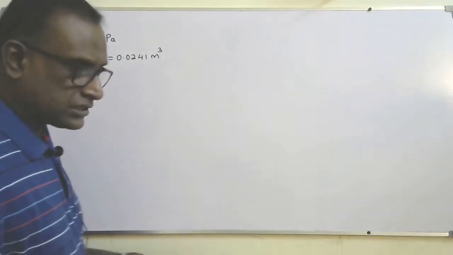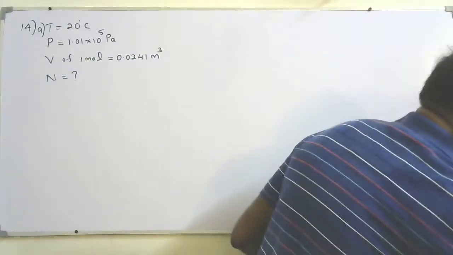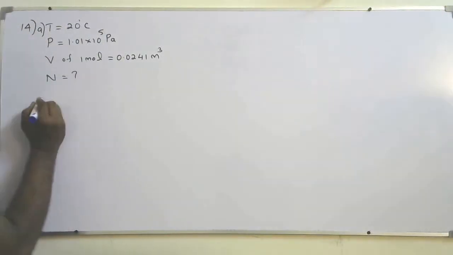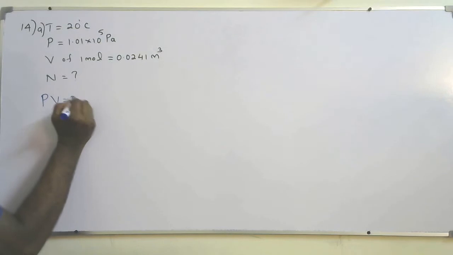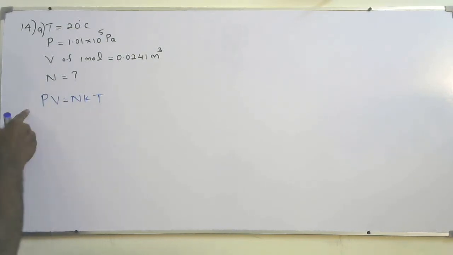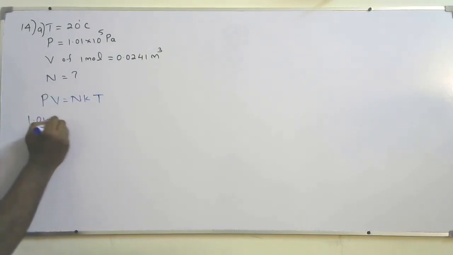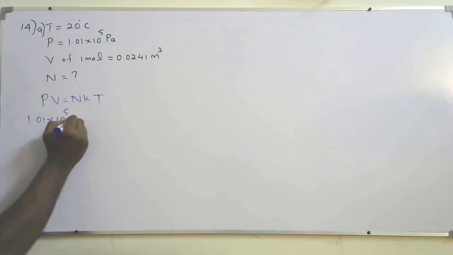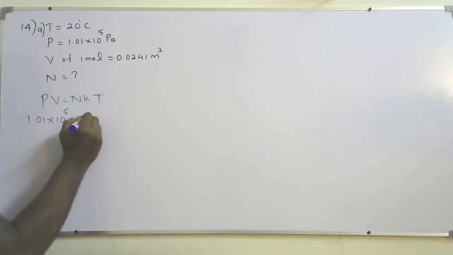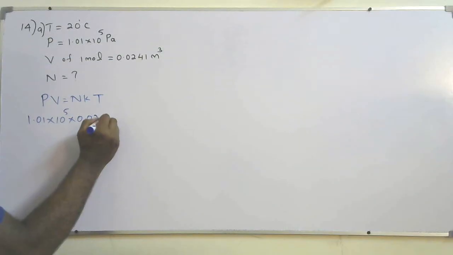Okay, so we can use the equation PV = NkT. So pressure is given, 1.01 × 10^5. Volume is given, 0.0241.